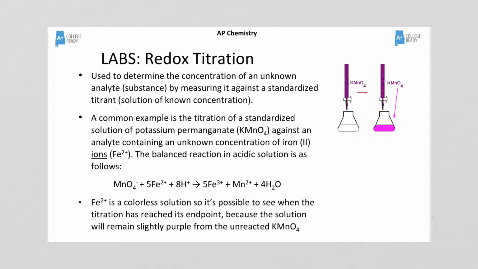It'll ask you some math question, and they're looking for you to realize that you would use the coefficients in the balanced chemical equation to decide how much of one reactant is needed to react with another, or maybe even to form a product. In that first bulleted point, note the term standardized titrant or standardized solution. If you ever see that, just know that standardized means that we know the exact molarity of a solution.